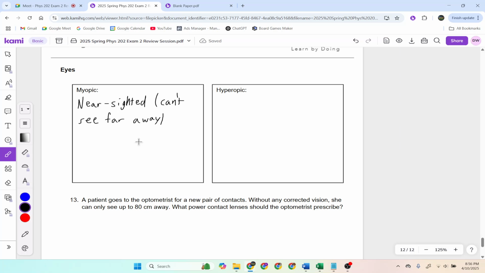Now, myopic people, they have something called a far point. The far point is the farthest point they can see. And we say the far point is smaller, in other words, closer than normal. The far point is smaller or closer than normal.